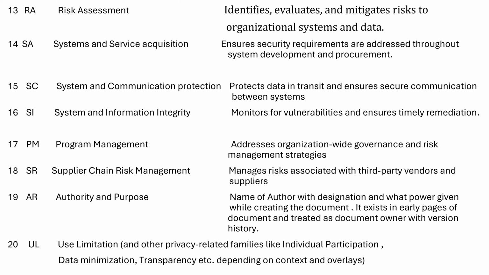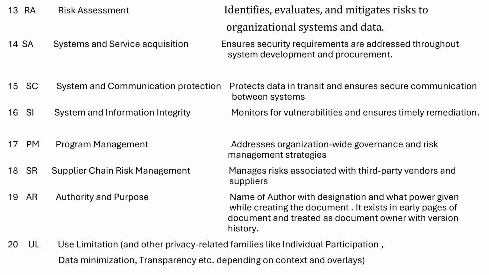Risk assessment is a very important part of this control, where everyone needs to identify, evaluate and mitigate risk to organization systems and data. SA is system and service acquisition, for organizations developing application software. This is very important for those, and it ensures security requirements are addressed throughout systems development and procurement.